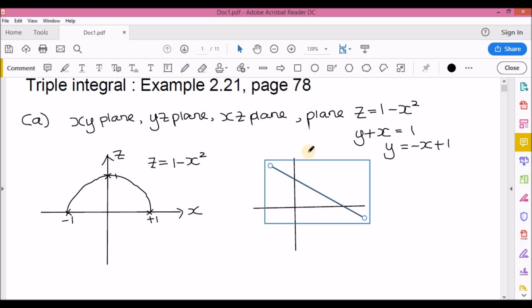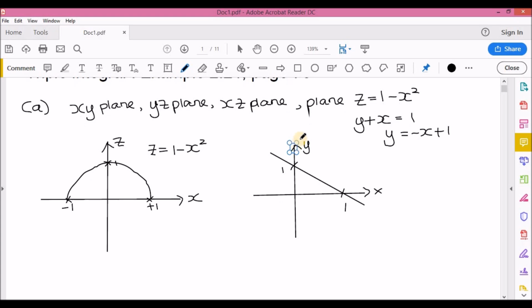The intersection point here will be 1, and here this is y and this is x. So when your y is 0, the x will be 1. So this one is the graph for these two planes in 2D.